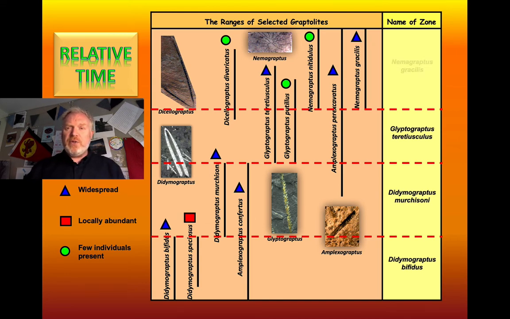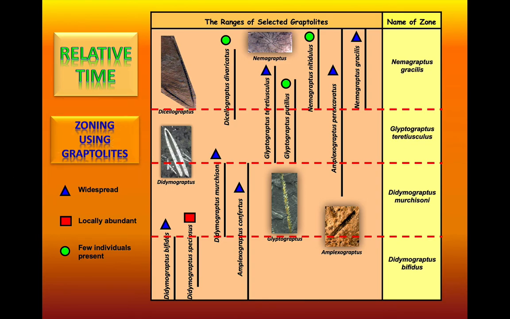The time zone above, though, we can define by Nemagraptus gracilis. That's my interpretation. You may, of course, have come up with something slightly different. Remember, it's real data. It doesn't always fit into a nice, simple, easy Year 8 worksheet type pattern.